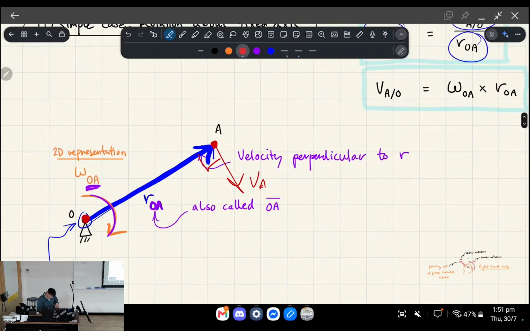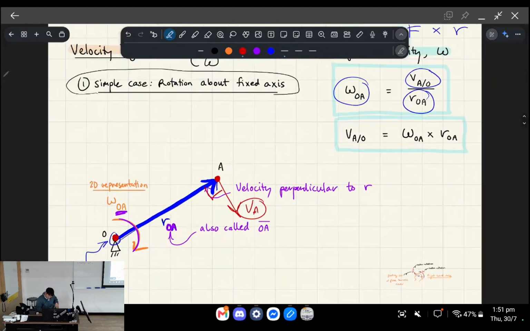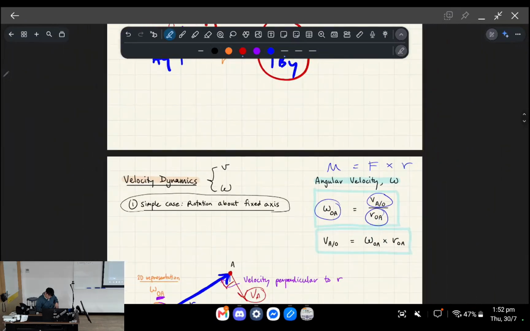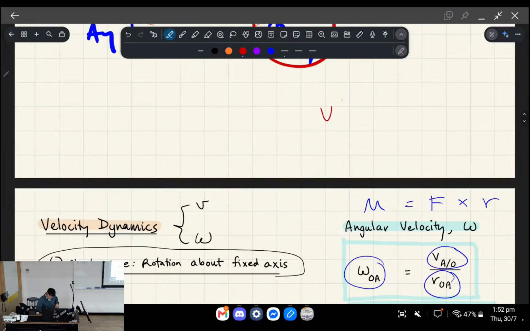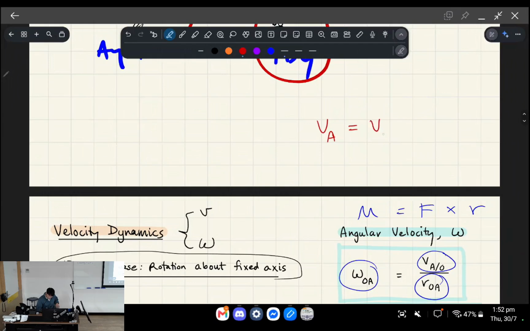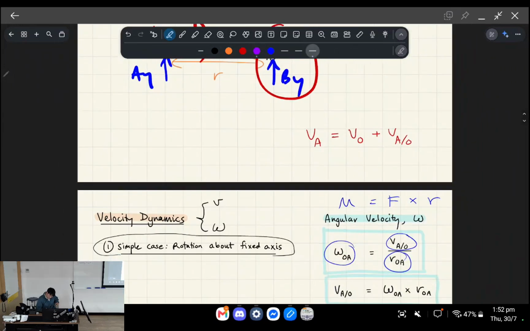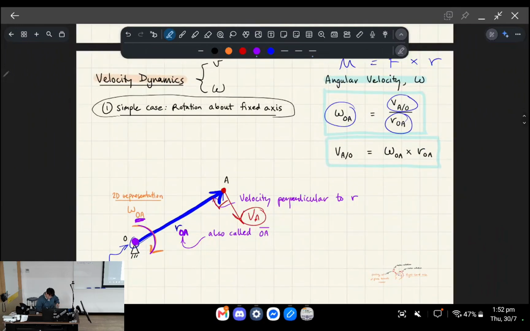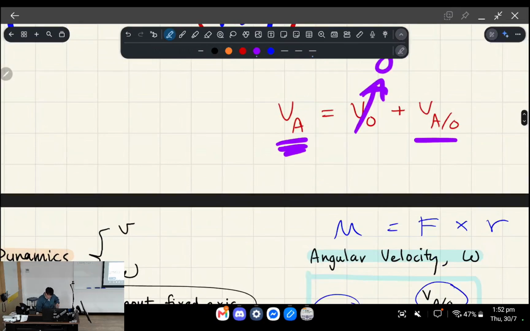And then for the other end, currently I've just said VA, but I'll tell you why that is. If you have this formula for VA, the relative velocity, the velocity of A is equal to the velocity of O plus the velocity of A relative to O. What does that mean? Well, it's from the relative velocity formula, but if one of the ends is not moving, then this just becomes equal to this.